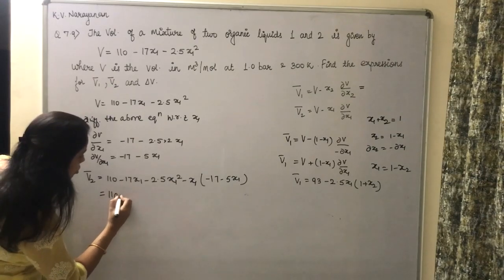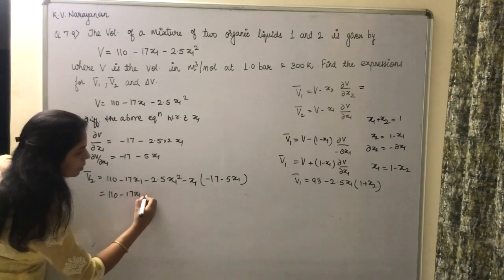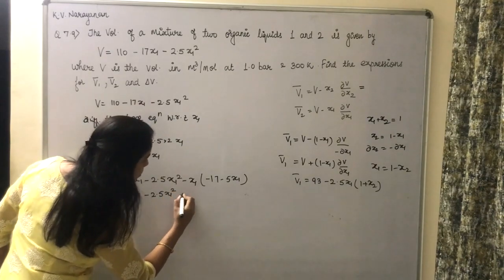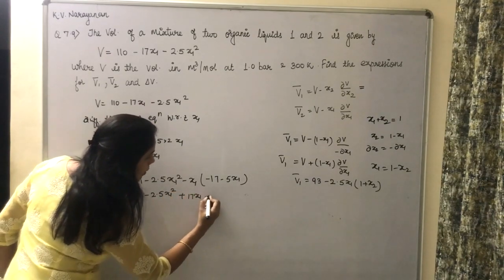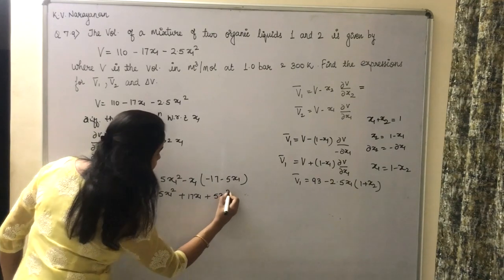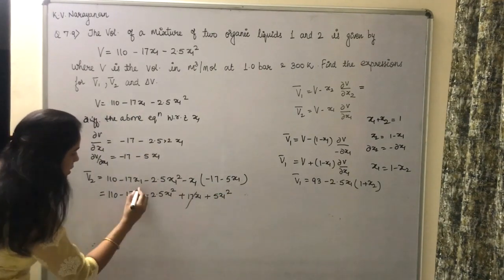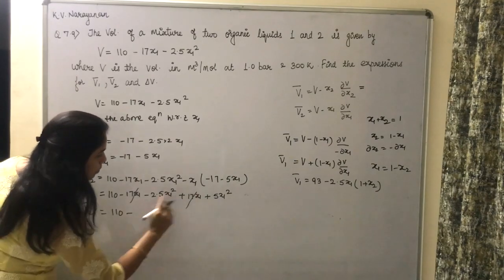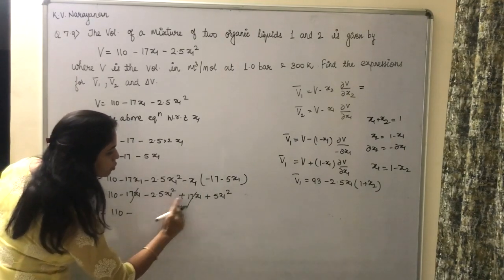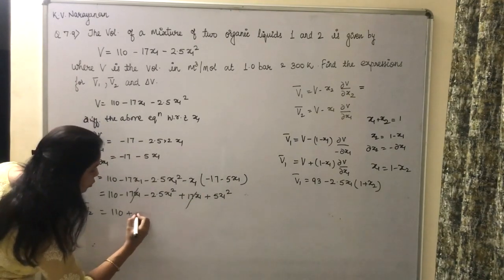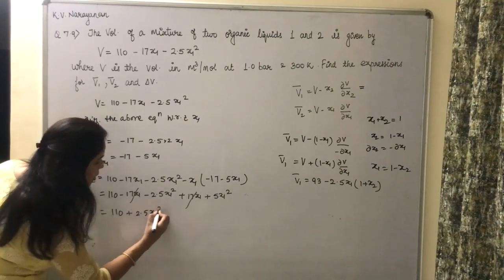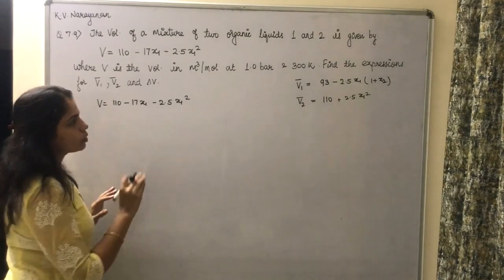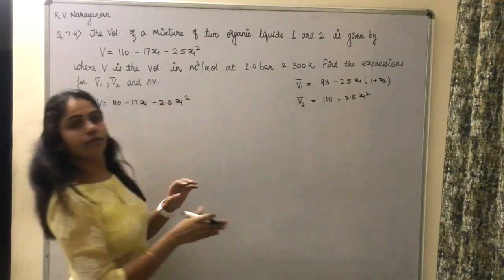Just rearrange: 17 x1 - 2.5 x1² + 17 x1 + 5 x1². So V2 bar is 110 + 2.5 x1². This is the value of V2 bar. Now we have the values of V1 bar and V2 bar.